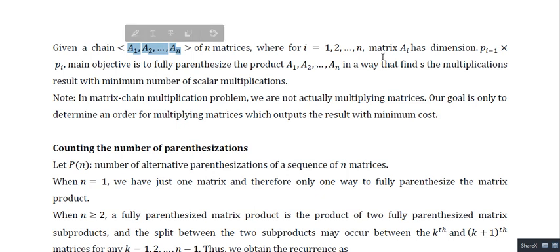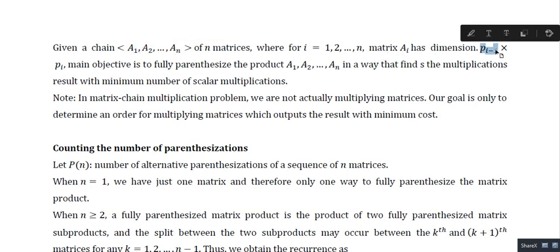And each Ai has the dimension or order p(i-1) cross pi. So i varies from 1 to n means A1 will have the dimension p0 cross p1, A2 will have the dimension p1 cross p2, right? And similarly An will have the dimension p(n-1) cross pn.